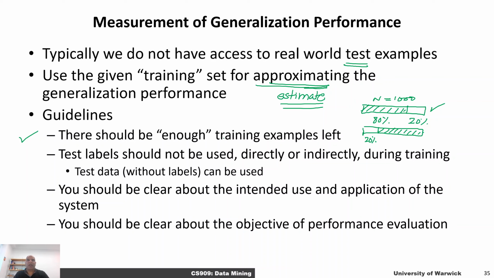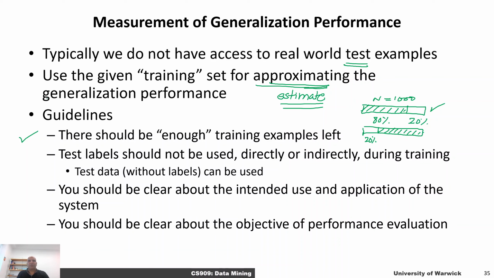So you should have enough training examples left. But if you're given a fixed data set of say n equal to 1000 examples, and you use 990 of those for training, and then you're left with only 10 examples for testing, then probably your test estimates are not going to be reliable.